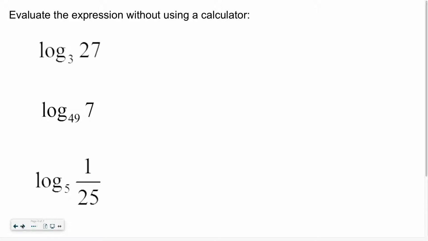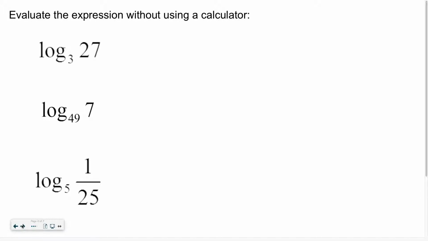Okay, so now we're going to do these logs without a calculator. Eventually I'm going to teach you how to do logs in your calculator, but you should know how to do some logs without a calculator. Some logs we can't really do without a calculator. So we're going to start with log base 3 of 27. Remember, the answer to a logarithm is an exponent.